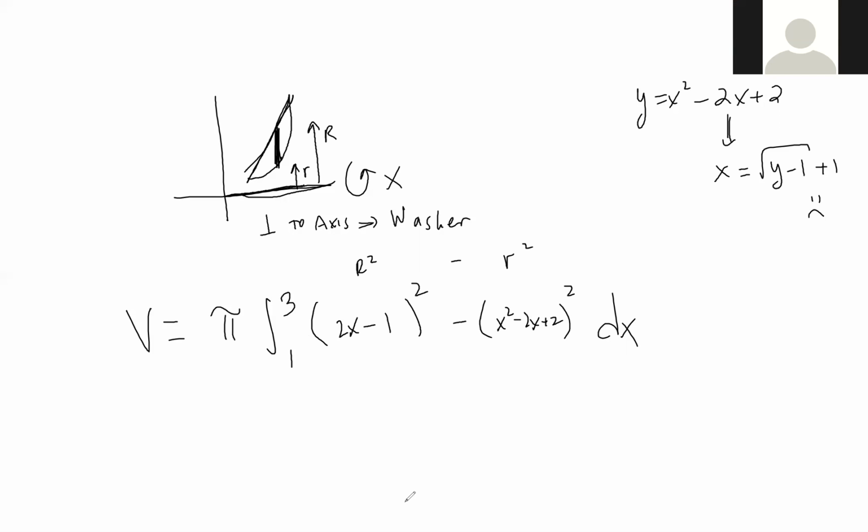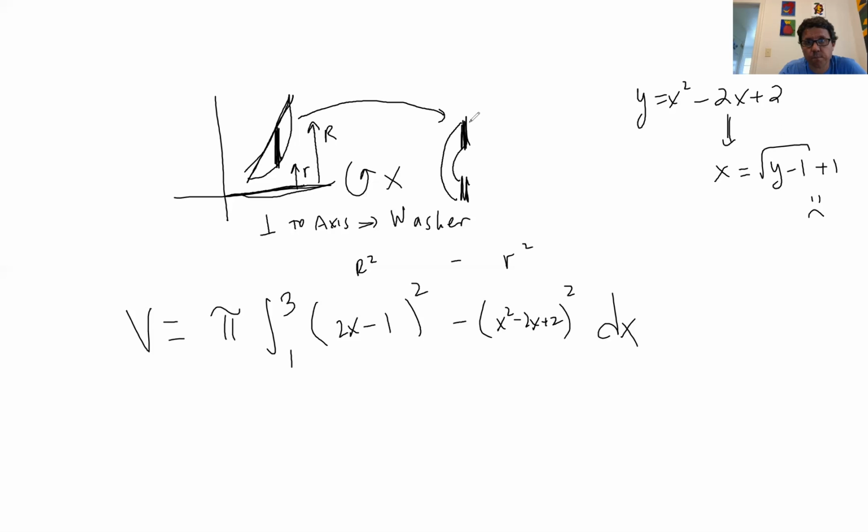How did you know that the big R, the big radius, was 2x minus 1? Well, you have to know what the big R and the little r mean. If you took this strip and revolved it around, you would end up getting a washer. I don't know if you can see that or not, but yes, it's a washer, and the big radius is there, and the little radius is right there.